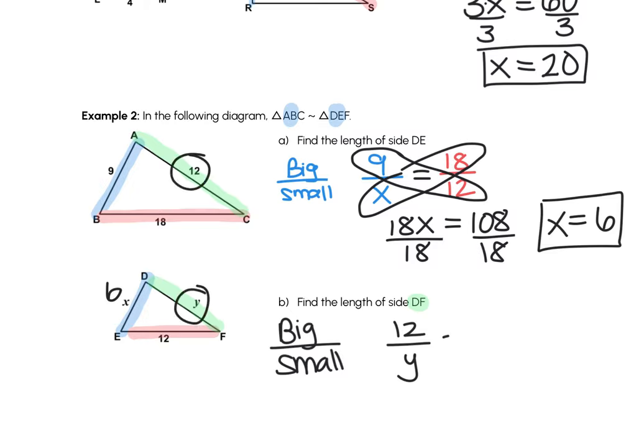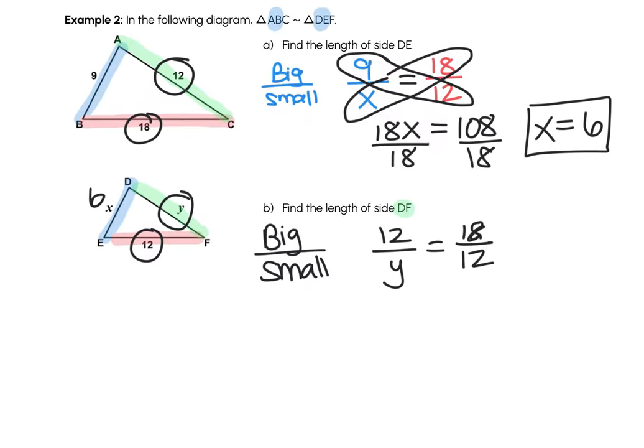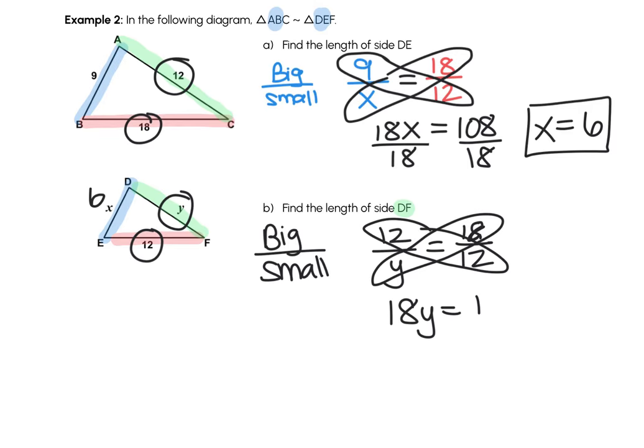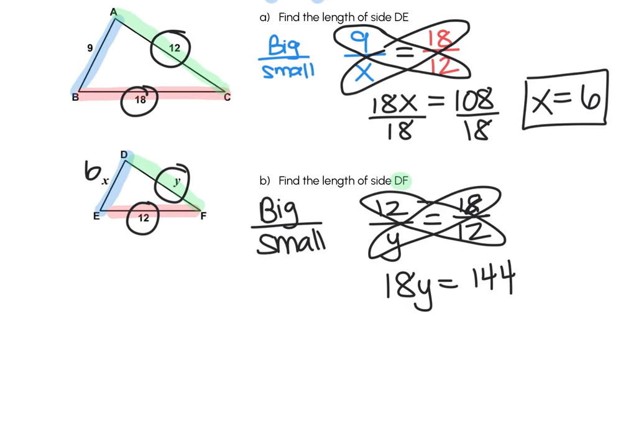And then I pick a side that I know both of. So again, the red side here, 18 over 12. And then once we have our proportion, just cross multiply. So 18 times y is 18y. 12 times 12 is 144. And then we divide by 18.